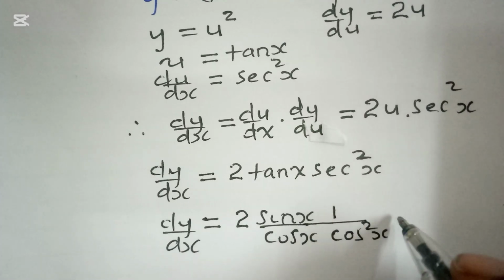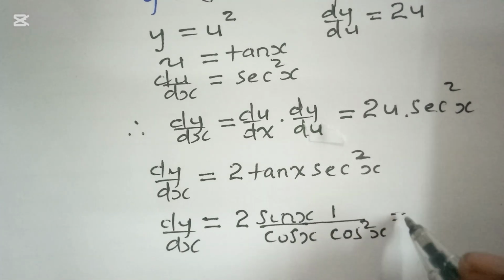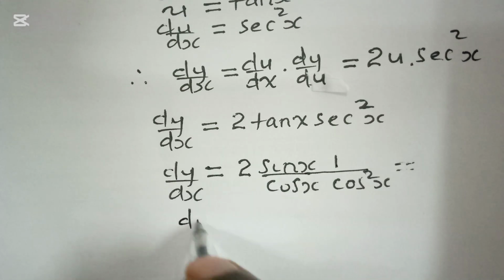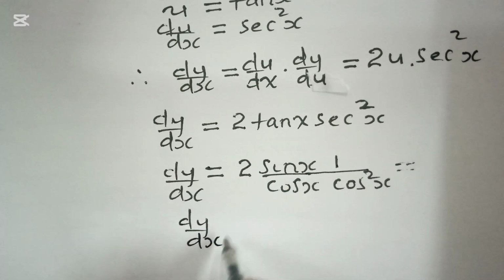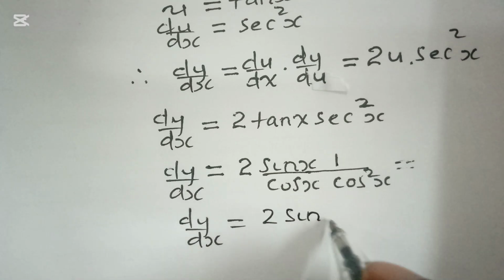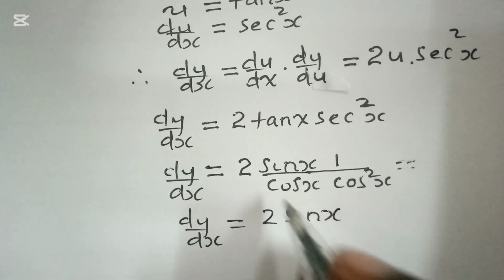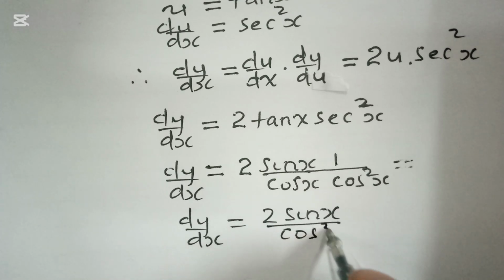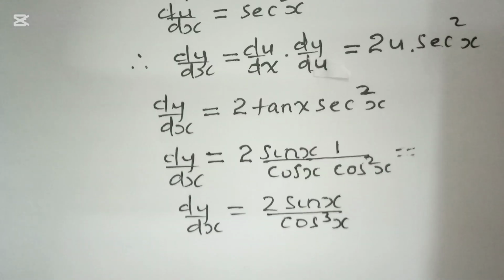And so therefore dy dx now will be equal to 2 sin x over cos cubed x, like that.